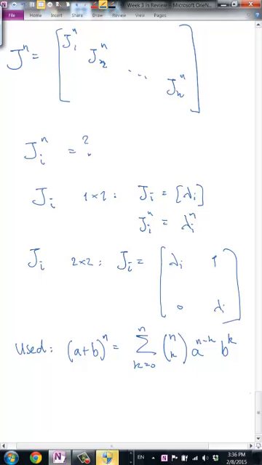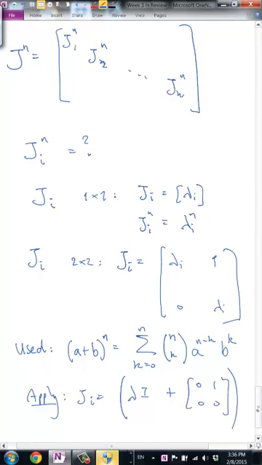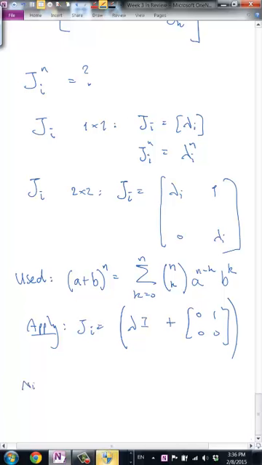And we're going to apply this to Ji, which I'm going to write as lambda times the identity plus the matrix [0, 1; 0, 0]. This is going to play the role of A, and this is going to play the role of B in the binomial expression above.